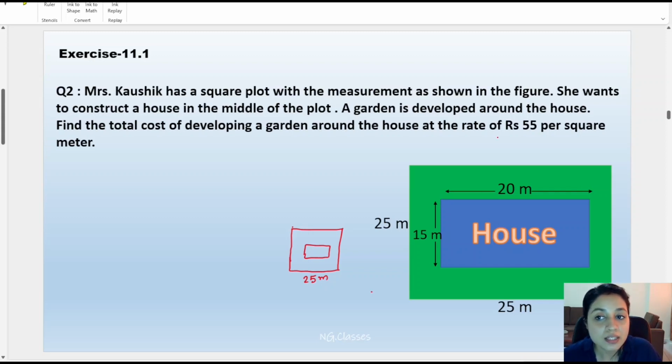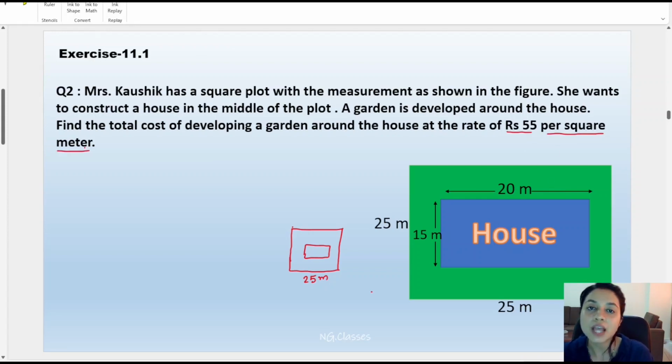Now a garden is developed all around the house. Can you see the green color? It's the garden. Okay. Find the total cost of developing a garden around the house at the rate of 55 rupees per meter square. So here this unit, square meter, is the unit for area.